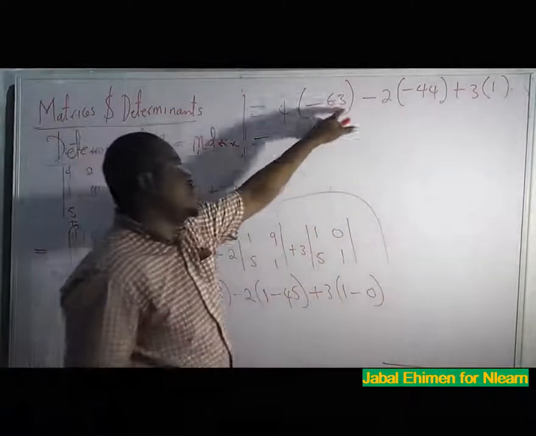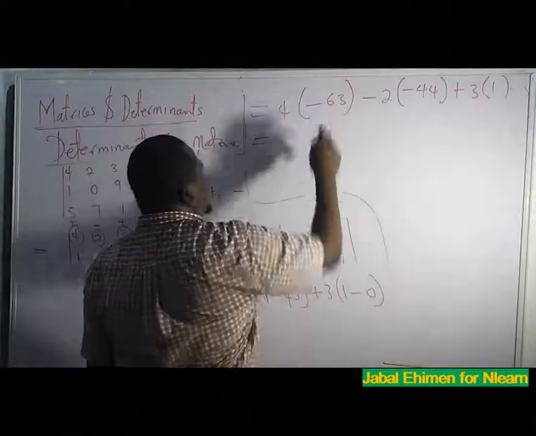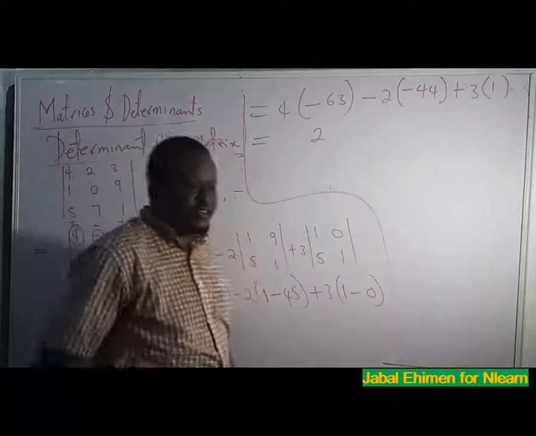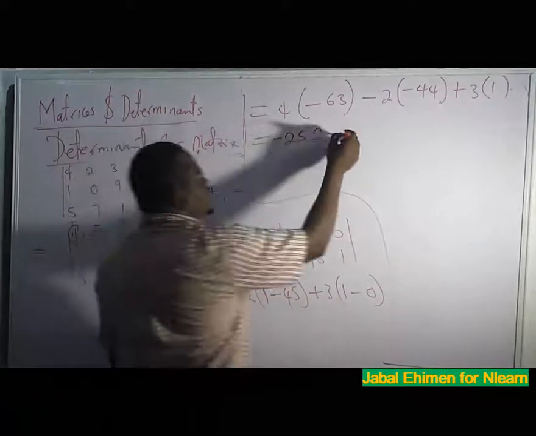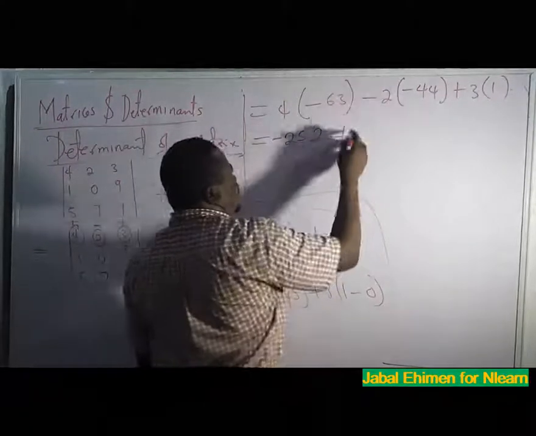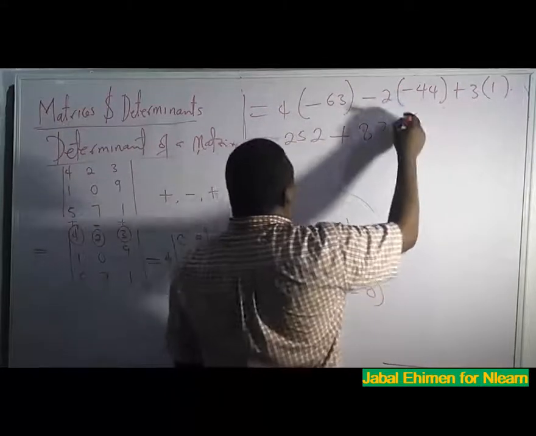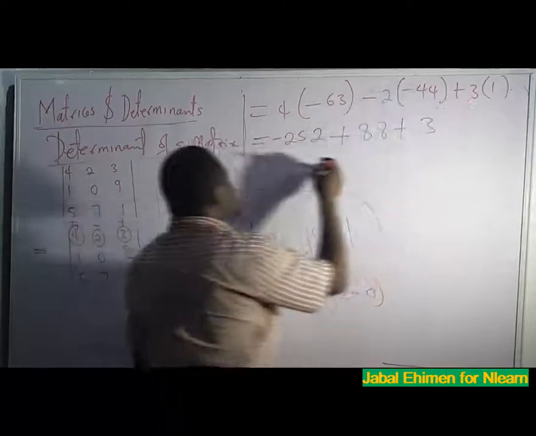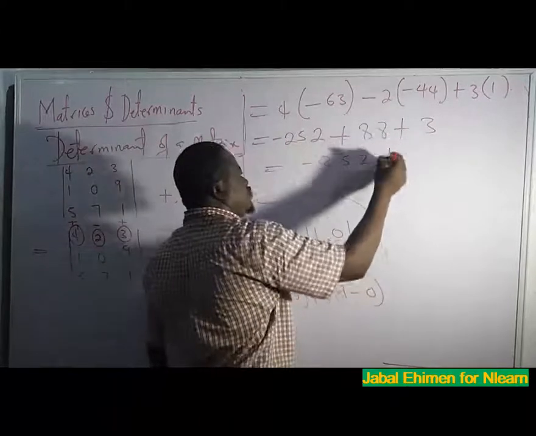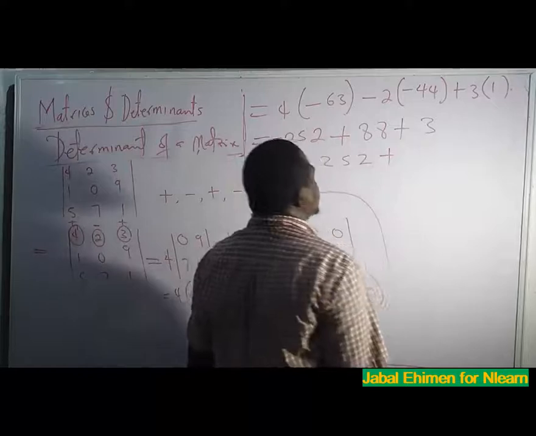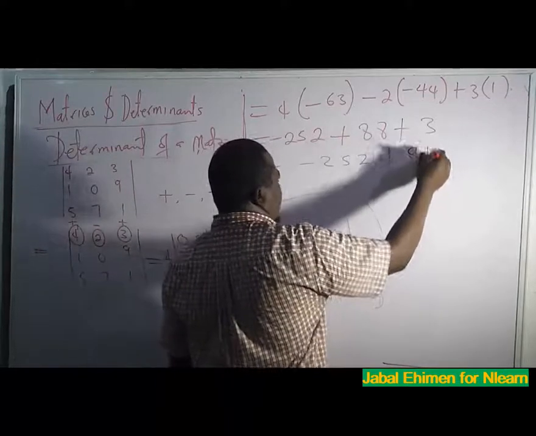So finally, let's take this out. 4 times 3 surely will give me 12. I will have 2 carrying 1. 4, 6 will be 24, plus that other one will be 25. So that's 25, but it will be minus 25. Minus will give me plus. So 2 times 44, that surely will be 88. And that guy there, what's that guy? That's 3. So I have minus 252. If you add this together, that should be 91.